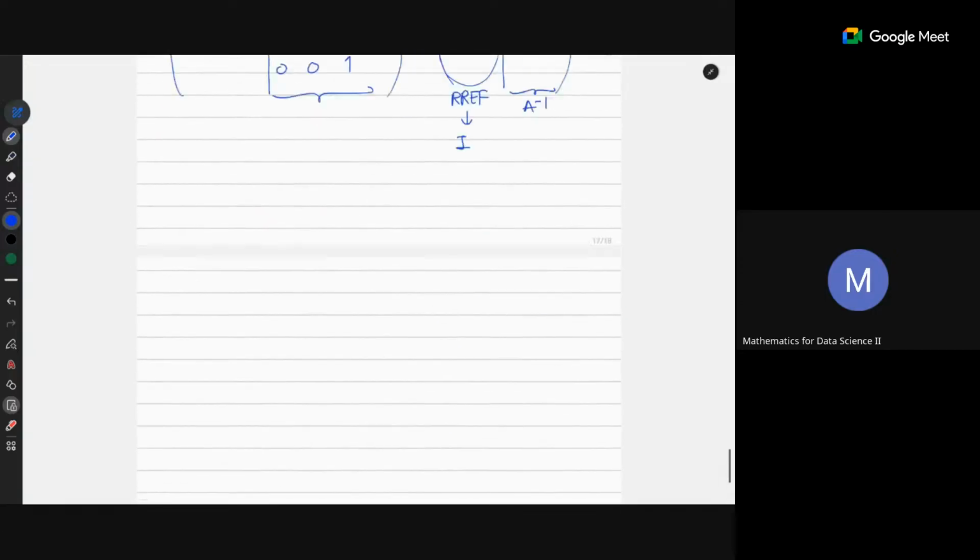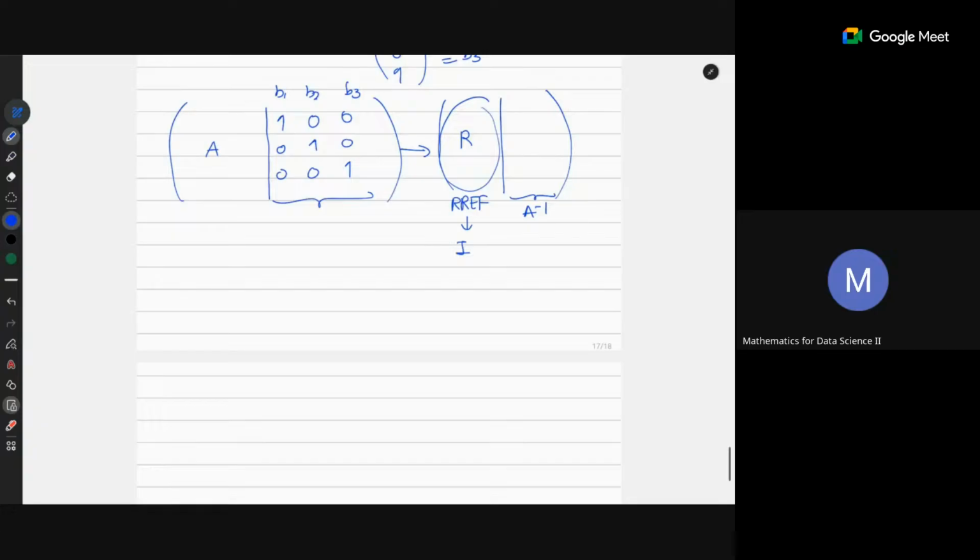So let me quickly take an example. Let's say this 1 1 1, 2 4 8, 3 9 27. This is your A matrix, and then I have the identity matrix over here.